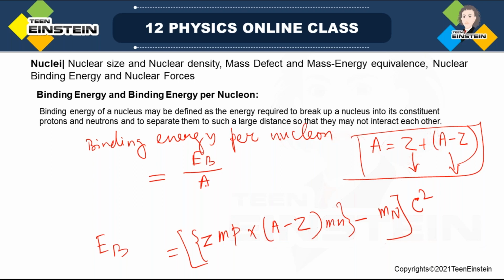Binding energy per nucleon is binding energy divided by mass number. If we write it here, the same thing, Z Mp plus (A minus Z) Mn minus the mass of the nucleus, into c square divided by A, this will give you binding energy per nucleon.